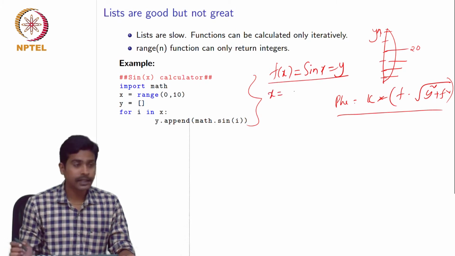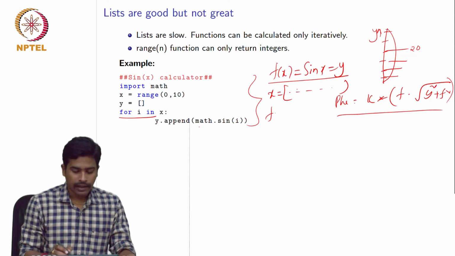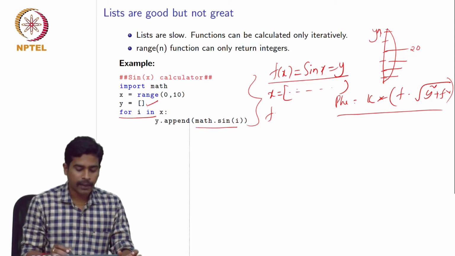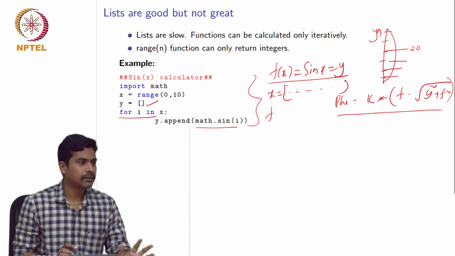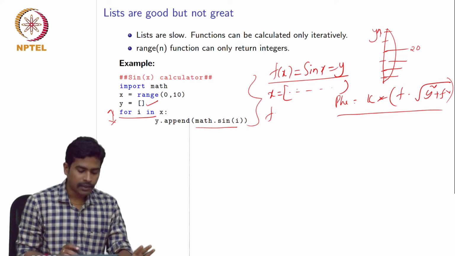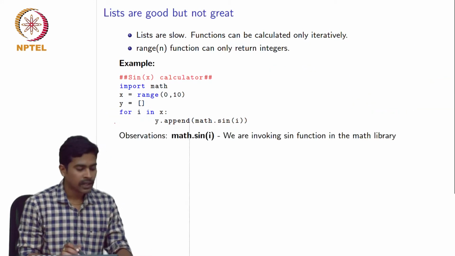In order to calculate this, we are taking x values from 0 to 10, and we are using a for loop here, and on each iteration we are calculating the value sin x and appending this to y. This is easy to write, but it takes a lot of time, especially these two lines.